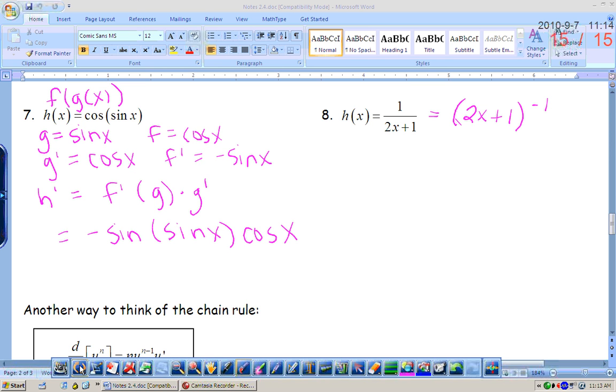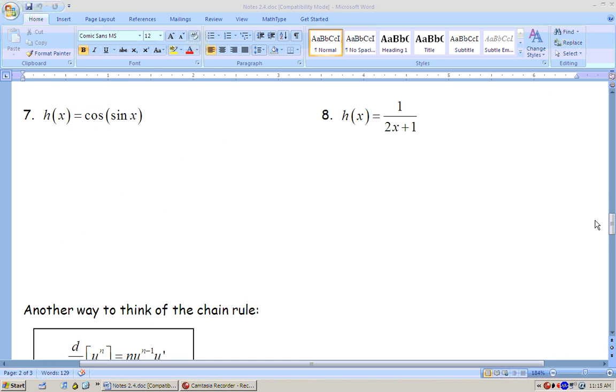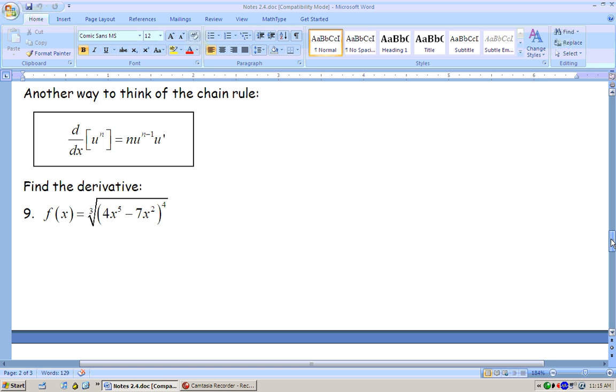Okay, now, I went through all of this because you need to understand the process of that and understand that the derivative of f of g of x is f prime of g times g prime. But there is a little bit of a shortcut when you're just working problems.